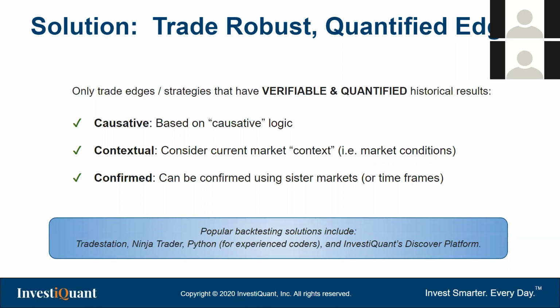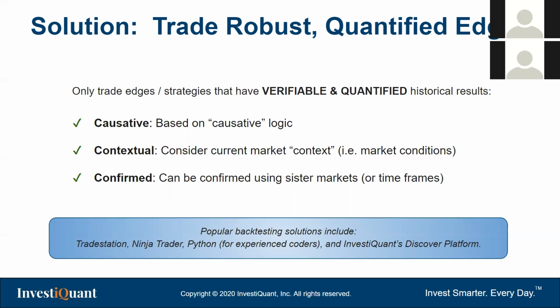And then lastly, to confirm it. And the way we like to confirm is using different markets or different time frames. So an example of a different market is, does the strategy for your S&P strategy, does it work in the Dow as well, or does it work in the NASDAQ? Looking at different markets, or sometimes you can look at different time frames for it as well.